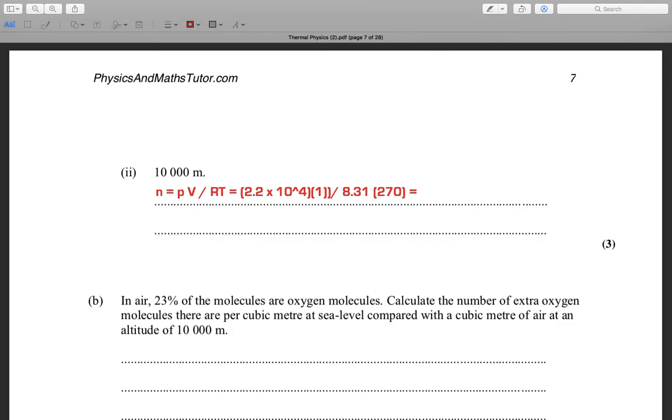This is around 9.8 mole. That's the answer to question A.